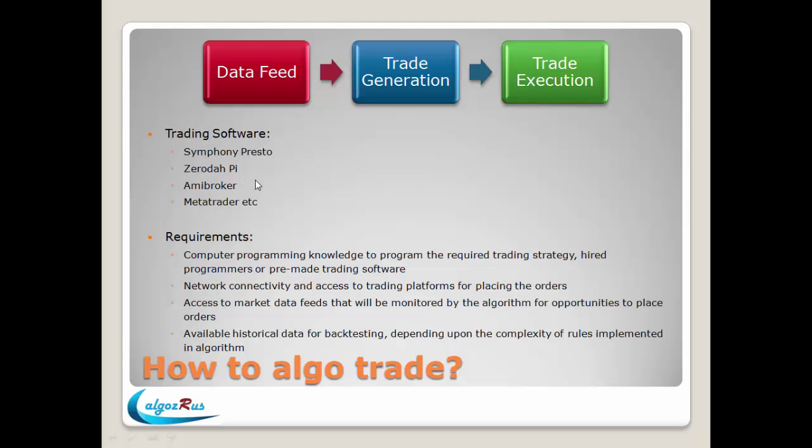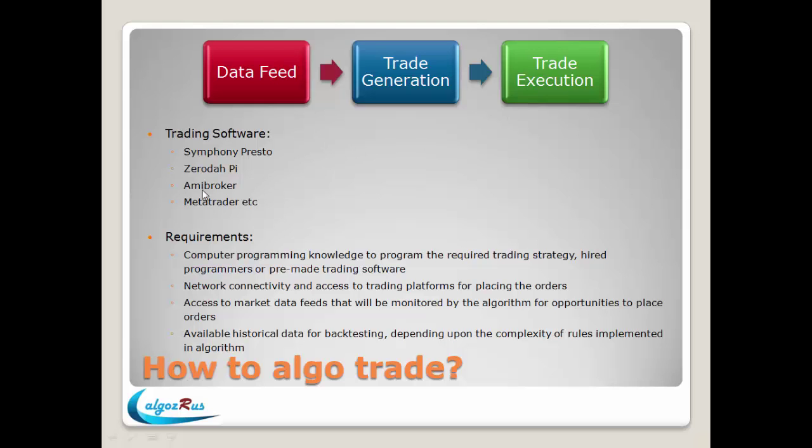Then there are other softwares like AmiBroker and MetaTrader. These are basically desktop softwares. You can create various analytical charts using them, and then you've basically got bridges that are given. The trades are generated using AmiBroker, and the bridge is used to send the trades to the exchange software.